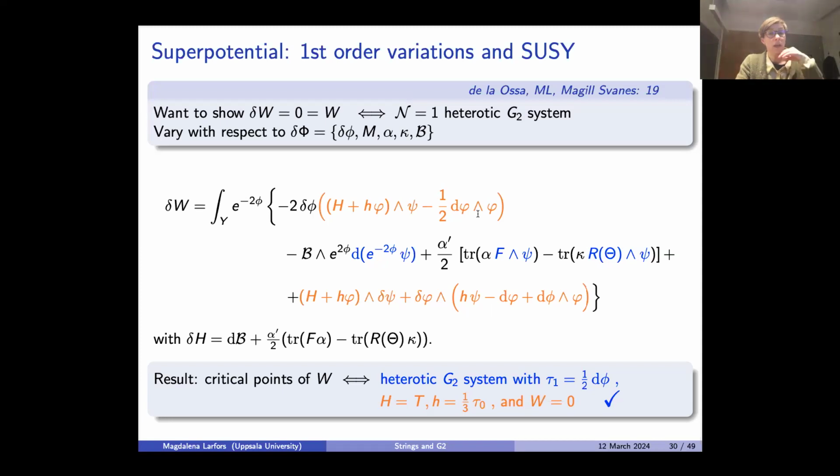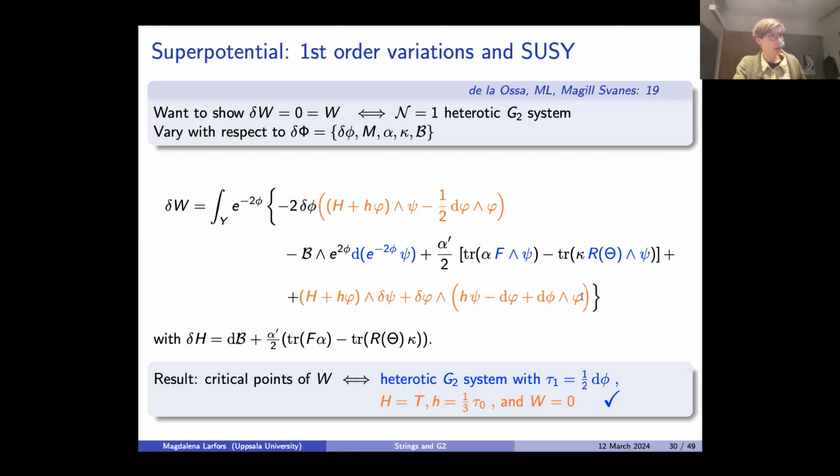And one can massage these to show that they are equivalent to equating H with T, torsion, this little h with one particular component of the torsion, and setting the superpotential to 0. So here we have the superpotential up here. So these are the constraints.